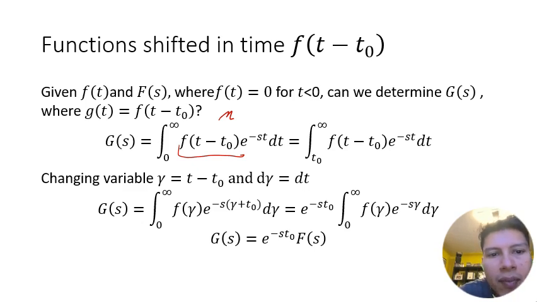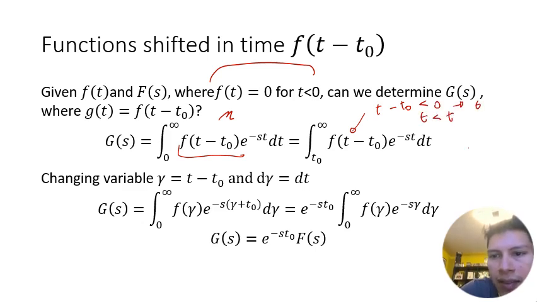In general, we're going to assume that for time less than 0, f of t is 0. So if I plug in here, t minus t naught is less than 0, then our function is 0. So that means that whenever t is less than t naught, our function is 0. And so we don't have to go from 0 to t naught.